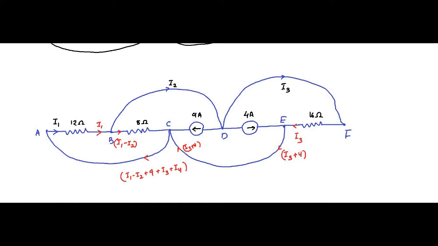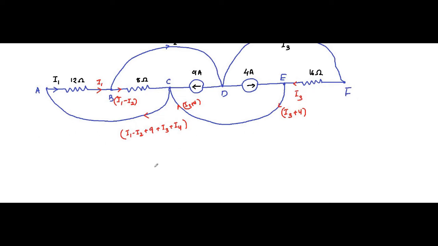So the first important equation will be I1 is equal to I1 minus I2 plus 9 plus I3 plus 4.